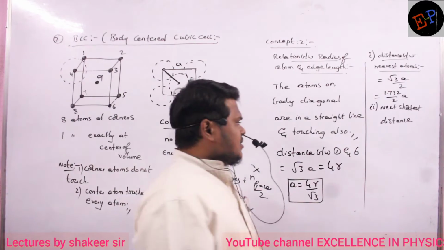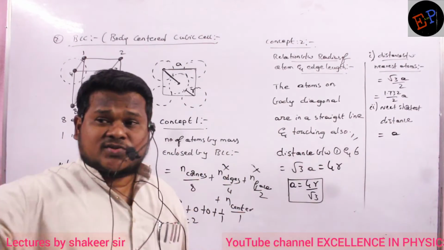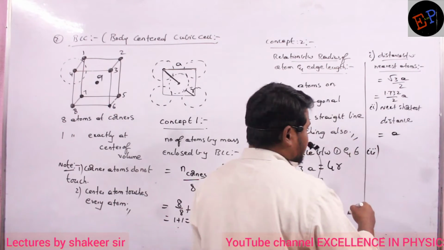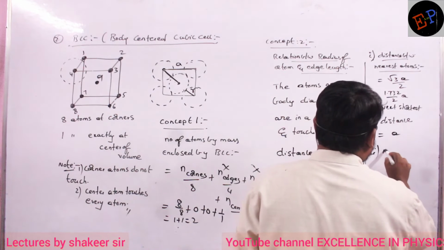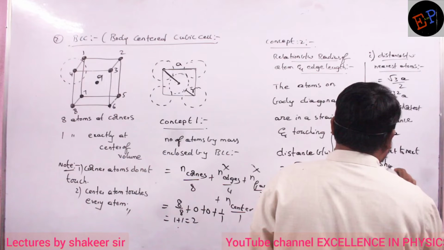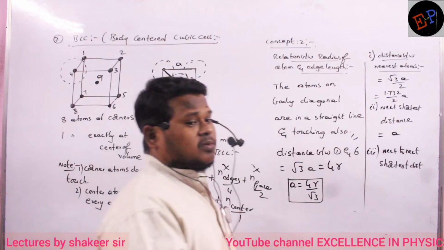Are you able to understand? So therefore the next shortest distance is what? A. Next to next shortest distance? Think. Root 2a only.